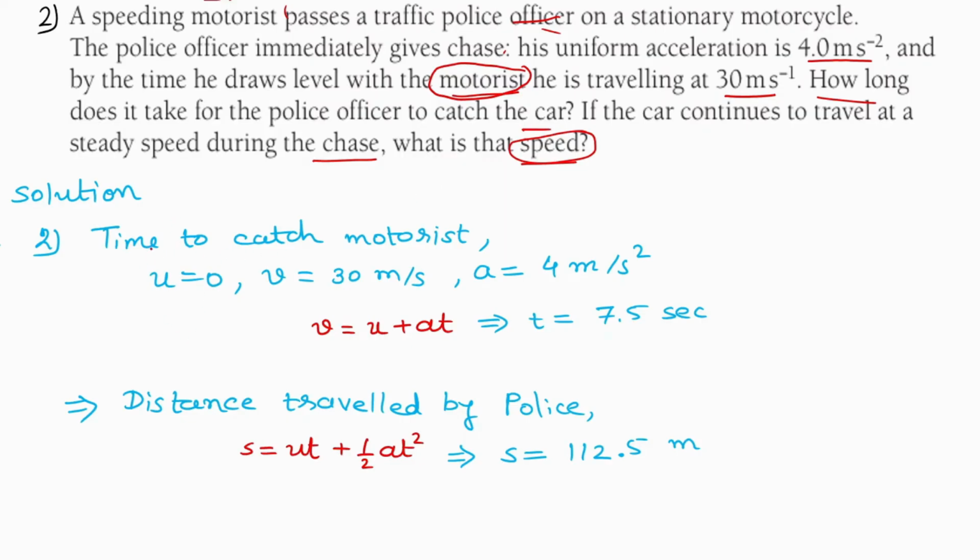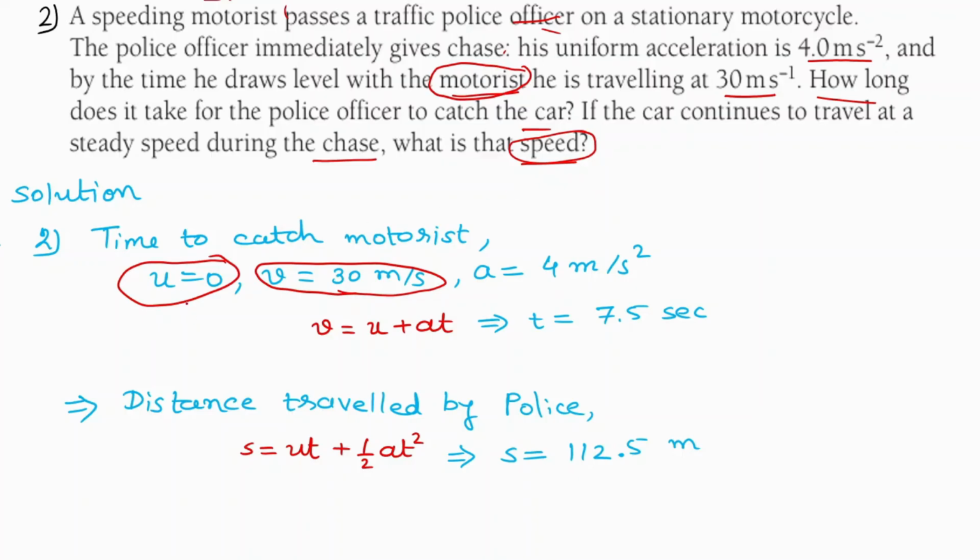So the solution over here: first is the time to catch the driver or motorist. So the initial speed is 0. Now the car is going 30 meter per second, so the police officer should reach the same speed, means V is equal to 30 meter per second.